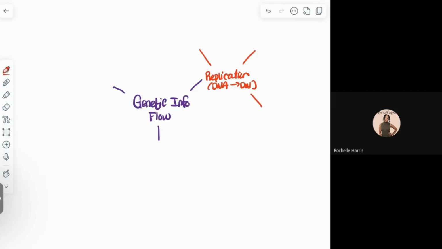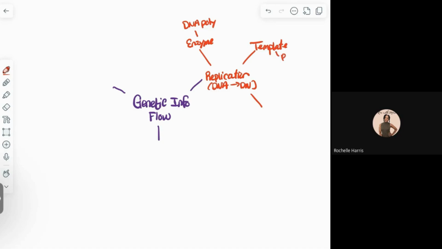We have enzyme, and the enzyme involved is DNA polymerase. And we also have template, and we have the parental DNA strand that is the template used.